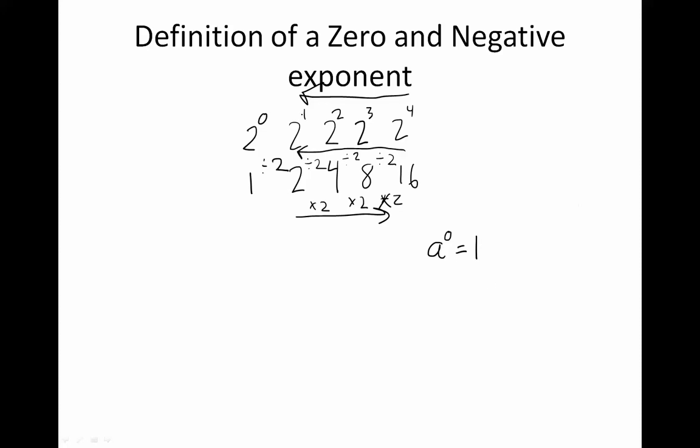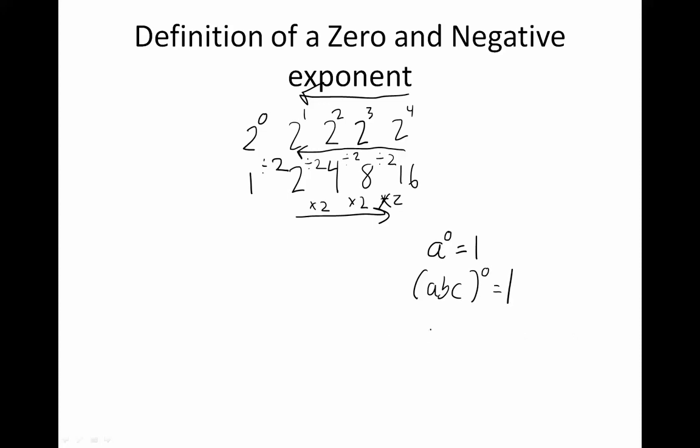Because of this, if I have something to the first power, it's always equal to itself. And every time I decrease the power, I'm dividing by that number. And that will always end up being 1 when I do that. Always, no matter what the number is. So a to the 0 equals 1. And that means even if I have a ton of things in here, if it's to the 0th power, it's 1.